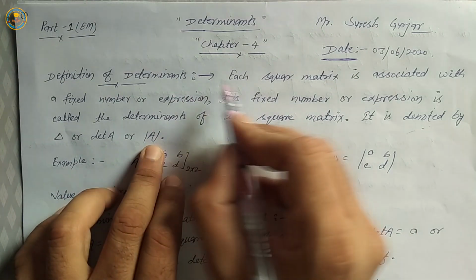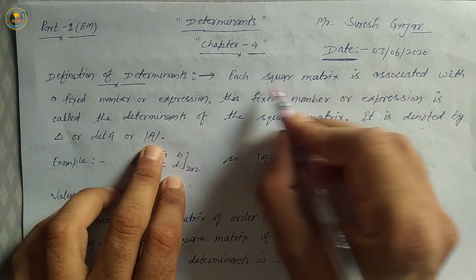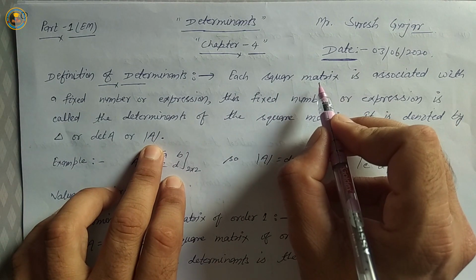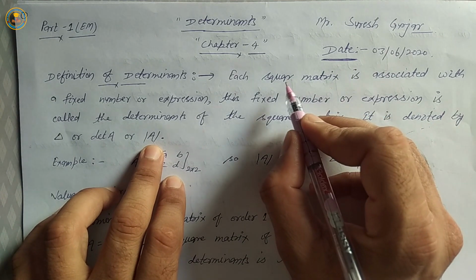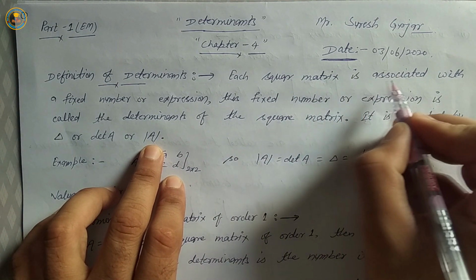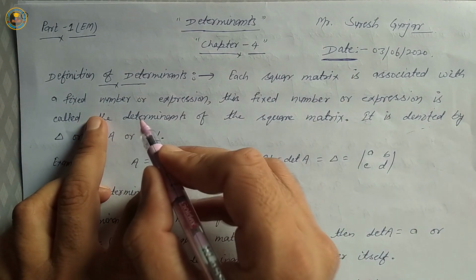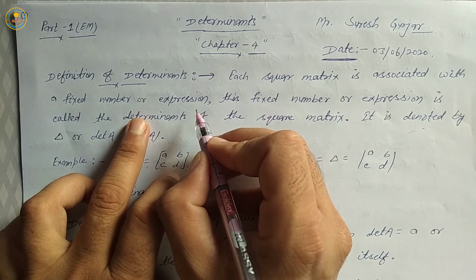Again, each square matrix, meaning m equals n, rows equal columns, is associated with a fixed number or expression.